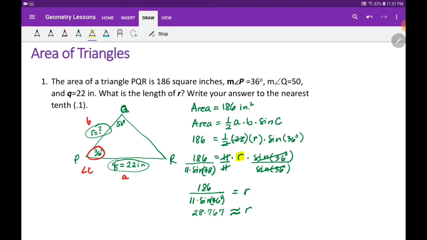Now, what we are being asked to find is to round our answer to the nearest tenth, or one decimal place. So in this case, our answer is going to be r is approximately equal to 28.8.